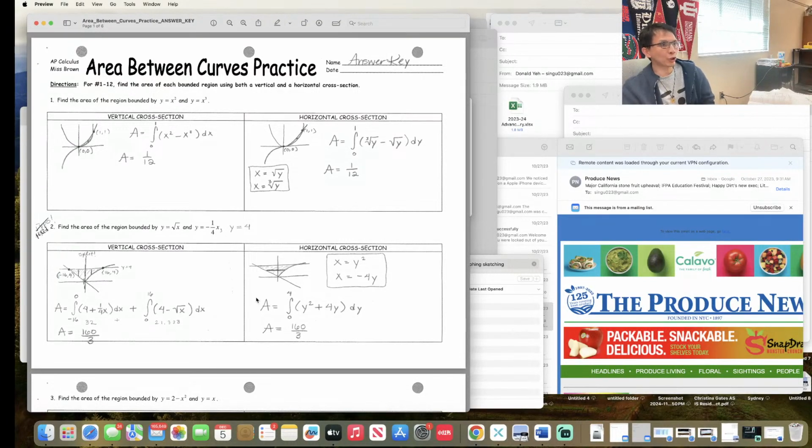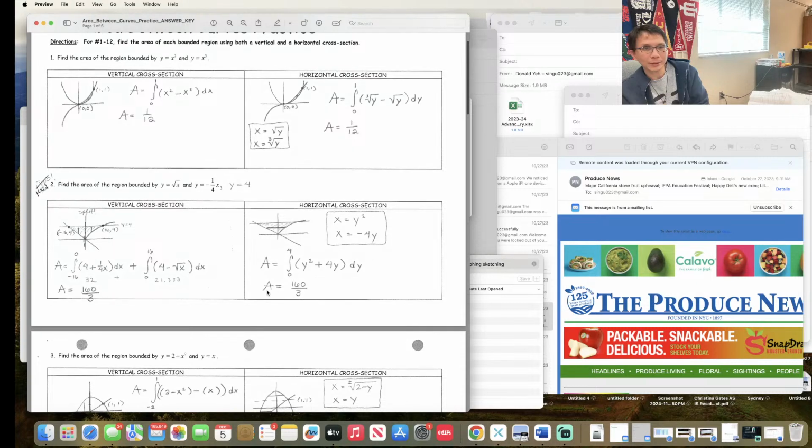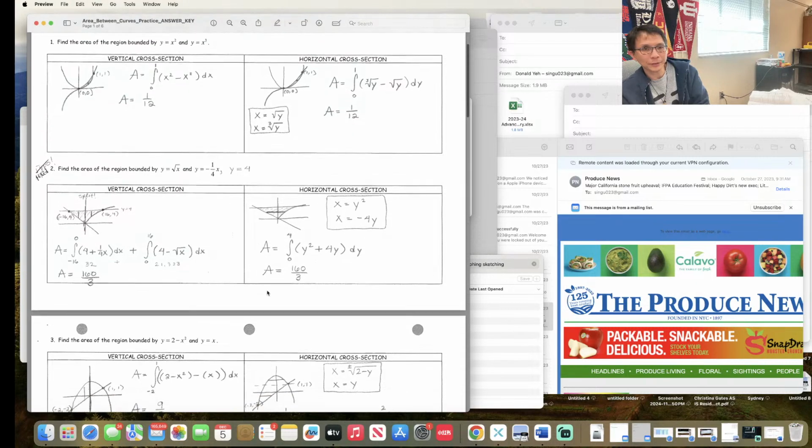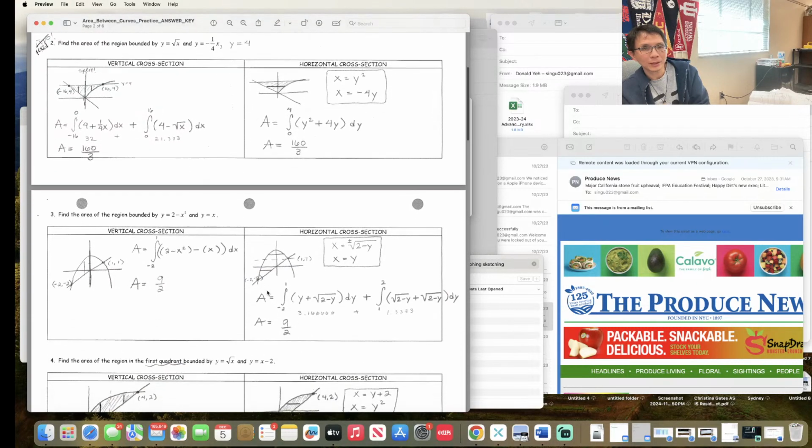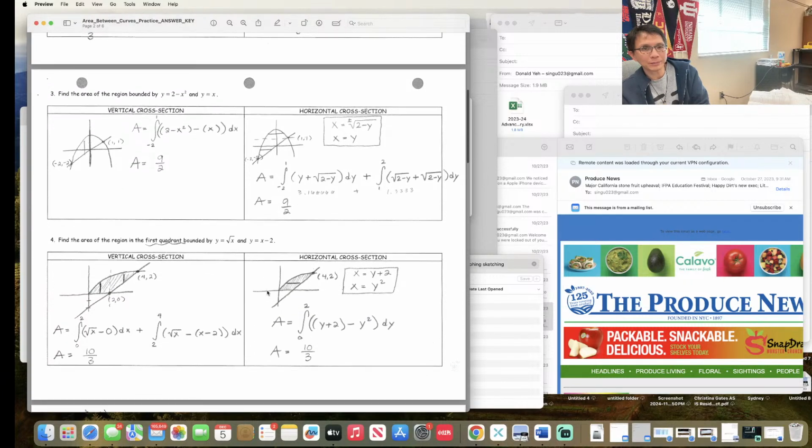All right, so the answer of the first one is 1/12. The answer of the second one is 160/3. You guys doing okay so far? Oh, yeah. Third one's 9/2. The fourth one's interesting.